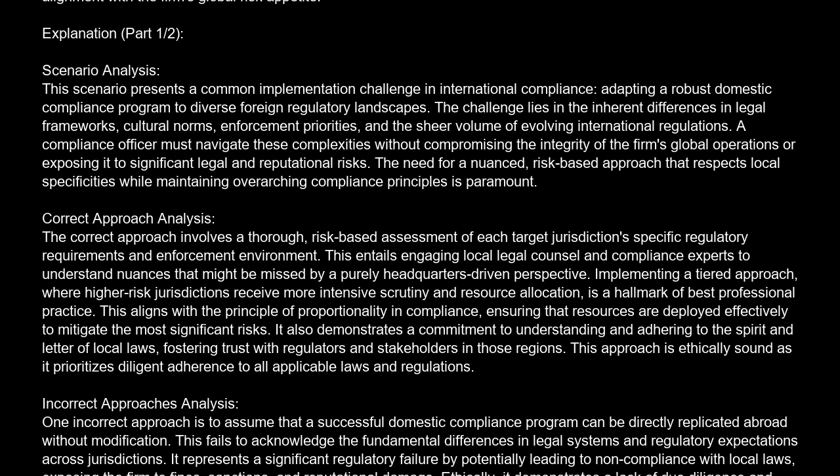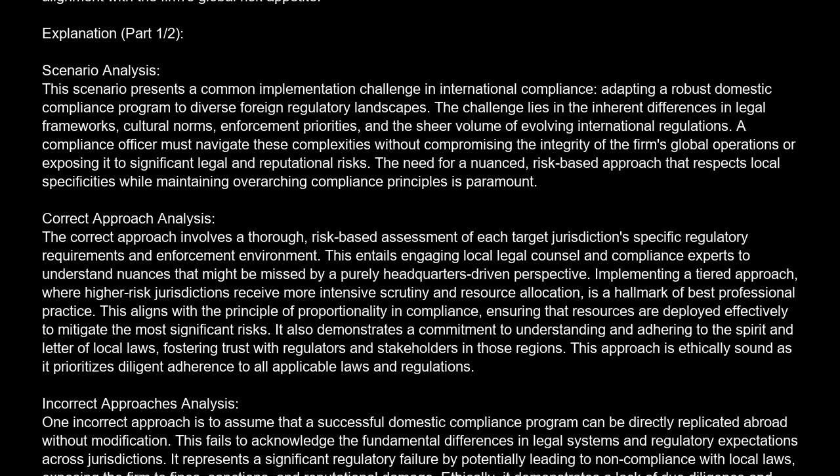This aligns with the principle of proportionality in compliance, ensuring that resources are deployed effectively to mitigate the most significant risks. It also demonstrates a commitment to understanding and adhering to the spirit and letter of local laws, fostering trust with regulators and stakeholders in those regions. This approach is ethically sound, as it prioritizes diligent adherence to all applicable laws and regulations.